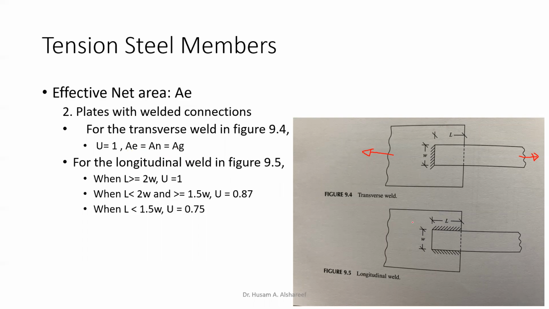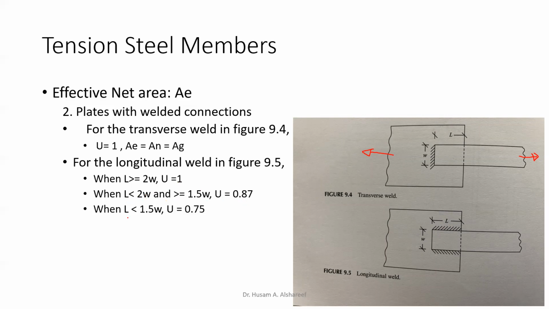But for longitudinal weld, which is this situation here, if your L is larger than or equal to 2 times the width, then U is equal to 1. But if your L is less than 2 times the width and larger than or equal to 1.5 times the width, then U equals 0.87.